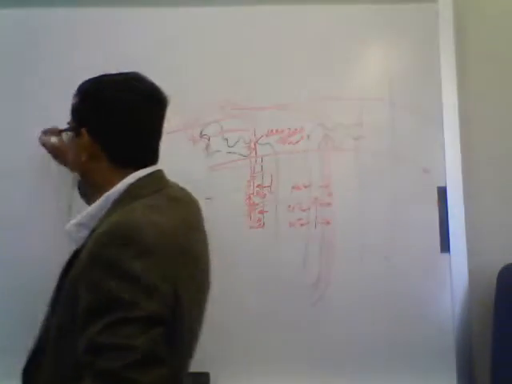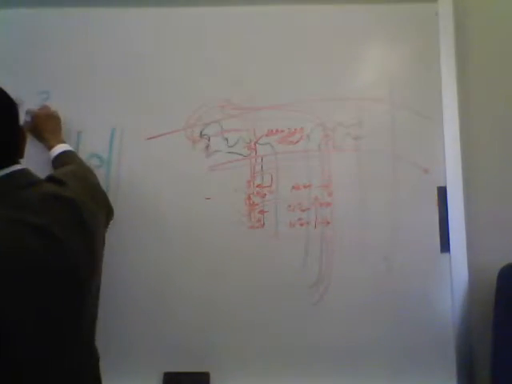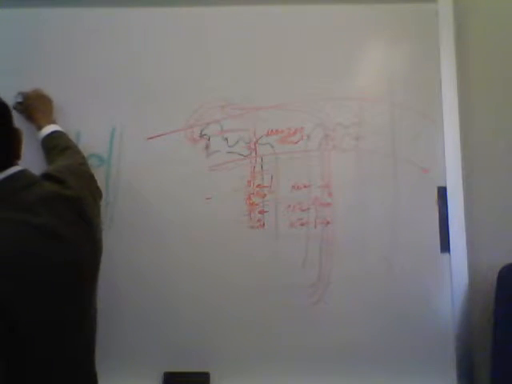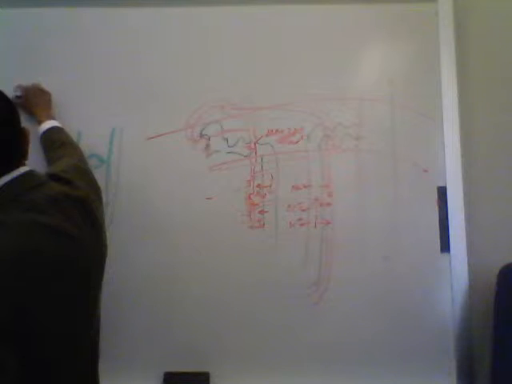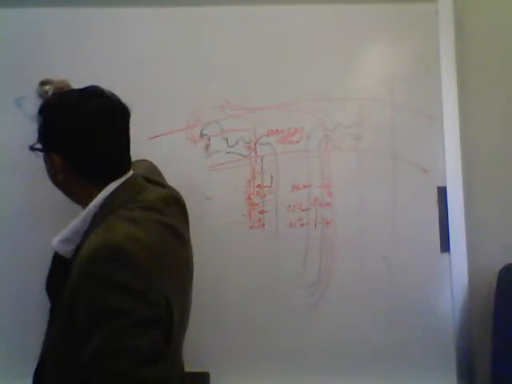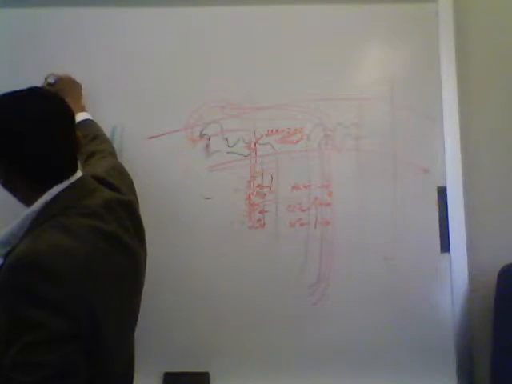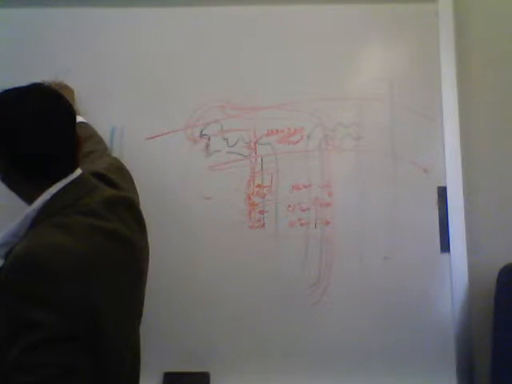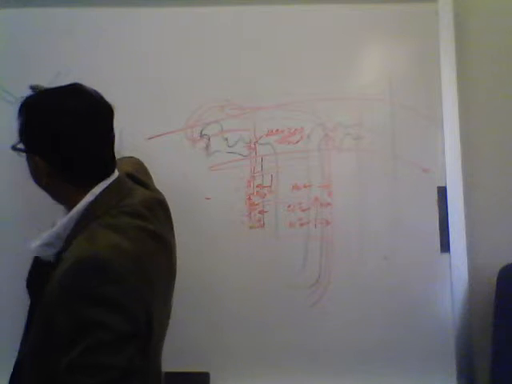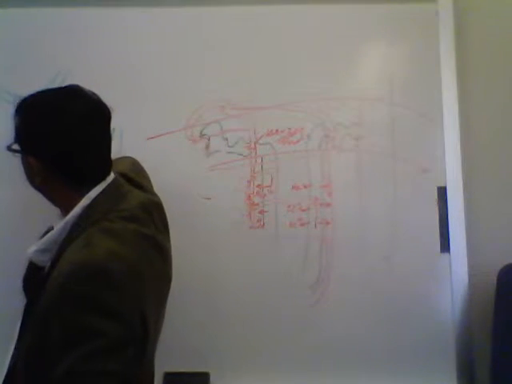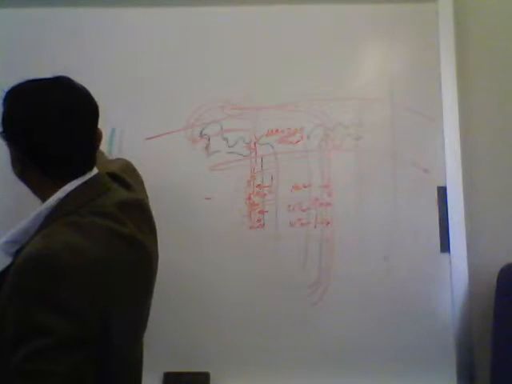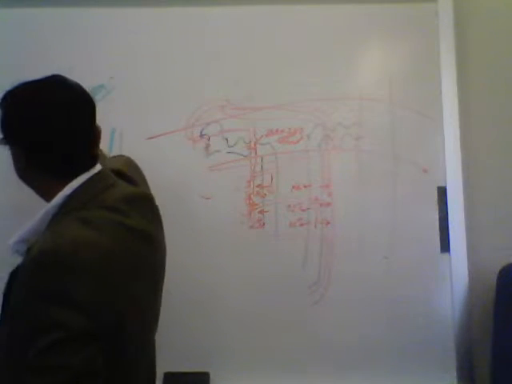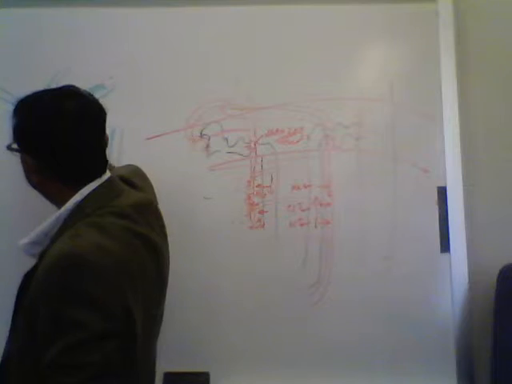Now, if you join those three openings by imaginary lines, there is no actual line, just think that lines are joining those three openings inside the bladder. These two are for the ureters, and this is for the urethra. And this part only is very smooth. The surface is very smooth and shiny. This is called the trigone. The rest part is rough.